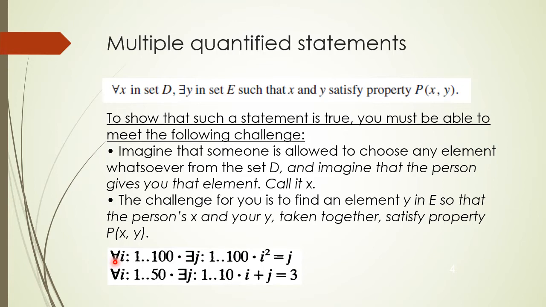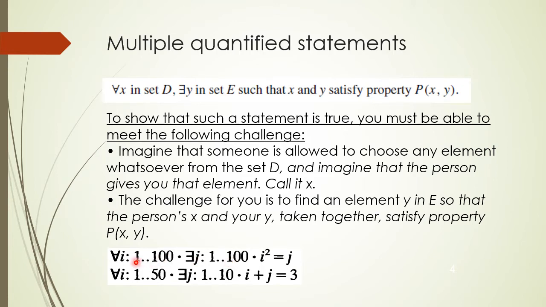The domain for the universal quantifier is the first 100 positive integers, from 1 to 100, and the domain for the existential quantifier is the same. You need to show that for each and every element in this domain, you can find an element in the second domain such that the square of the element in the first domain is equal to the element of the second domain.